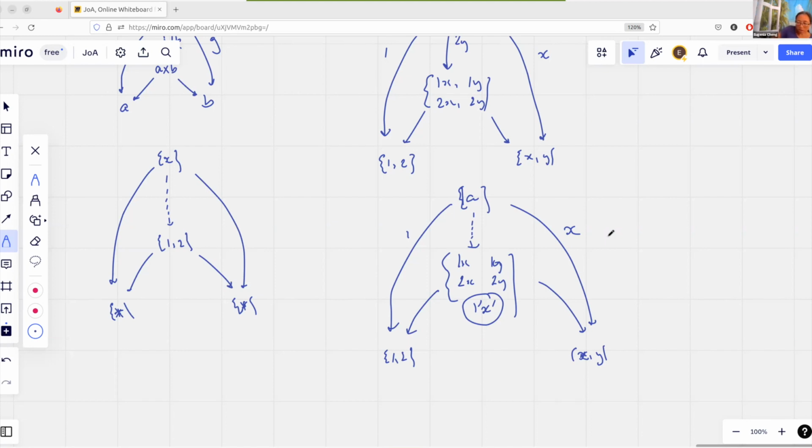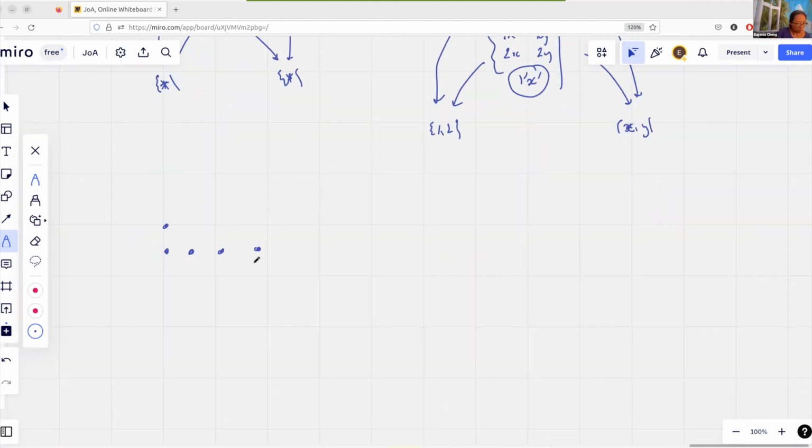Okay, good. So here is one of the sneaky configurations. What you can do is think of this as a product where this set is the elements 1 and 2, and this set is the elements 1, 2, 3, and 4.